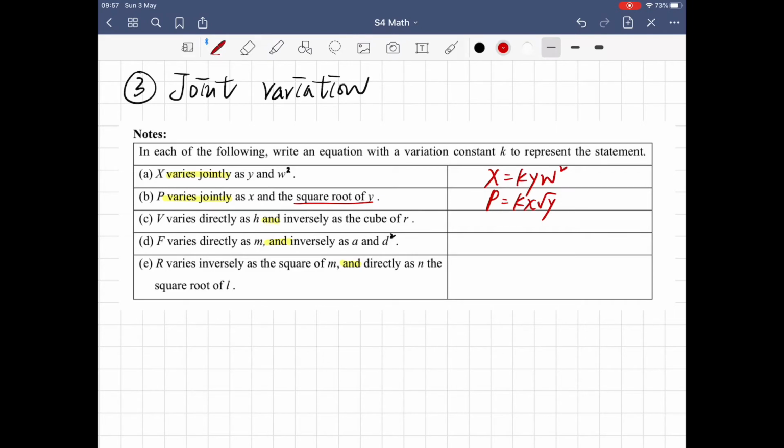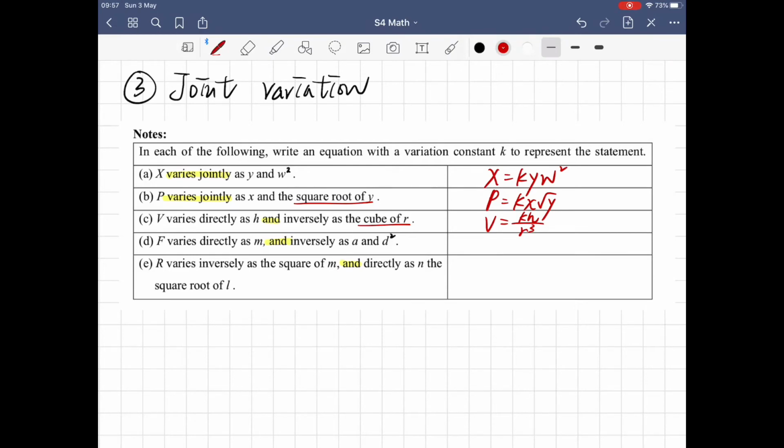For part C, v varies directly as h, so we have v equals kh. And then we have inversely as the cube of r. So for the cube of r, we have to put it in the denominator, so over r cube.